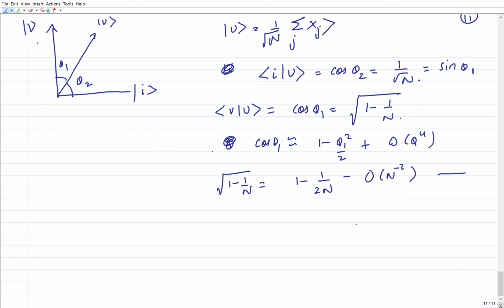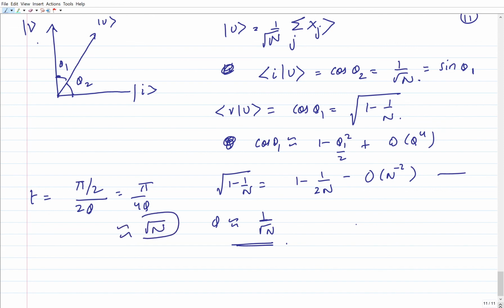Comparing these two, I get theta close to 1 over root n. At each step I'm rotating by an angle of 2 theta, and I have to cover an angle of pi by 2, from this end to this end. Dividing by 2 theta gives me pi over 4 theta, and because theta was 1 over root n, that gives me an order of root n.